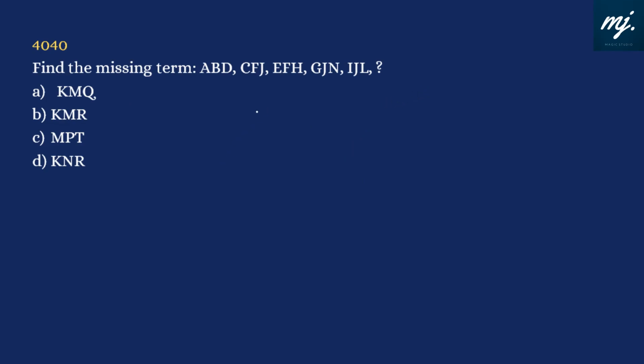Find the missing term. Again, these are alphabets. A, B, C, D, E, F, G, H, I, J, K. The next term should start with K. Then we have B, C, D, E, F, with a 3 jump.